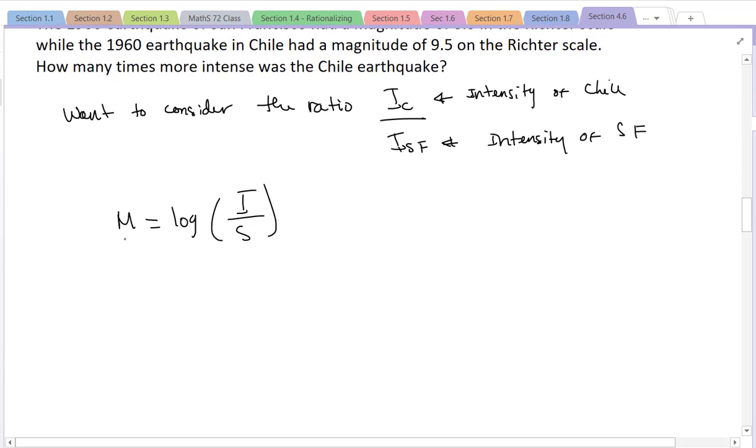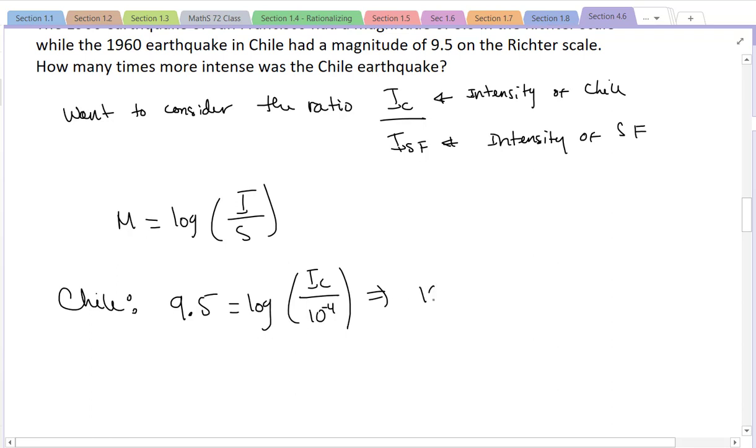So for Chile, I'm going to have the magnitude was 9.5, so it's going to be 9.5 is equal to the log of the intensity of Chile over 10 to the minus 4. And so I'm going to be able to solve. So I'm going to change it to an exponential.